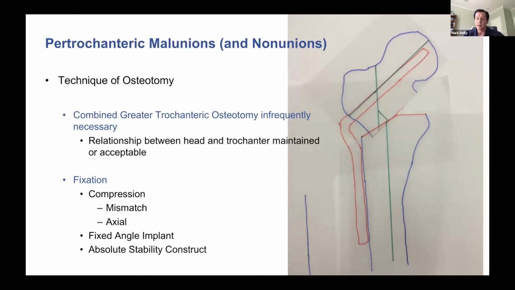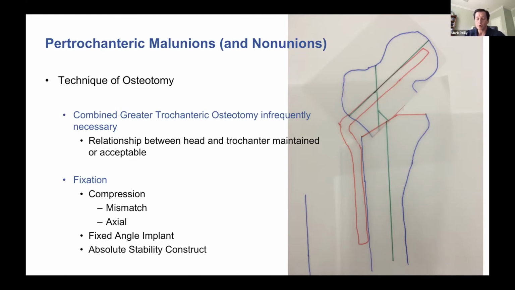And in fact, sometimes the osteotomy for intertrochanteric femur fractures or malunions is actually easier than planning that for femoral neck fractures. The fixation has to include compression, whether you get it from mismatch compression, offset compression, as Roger told us, or whether you get it from axial compression through an articulated tensioning device. We have limited surfaces of bone.